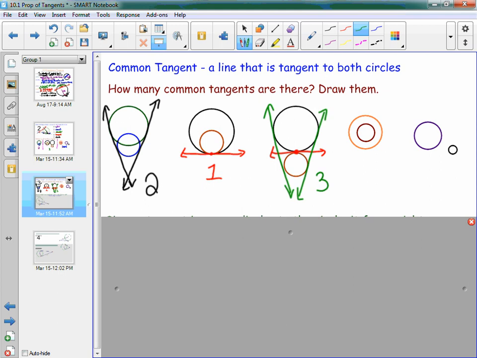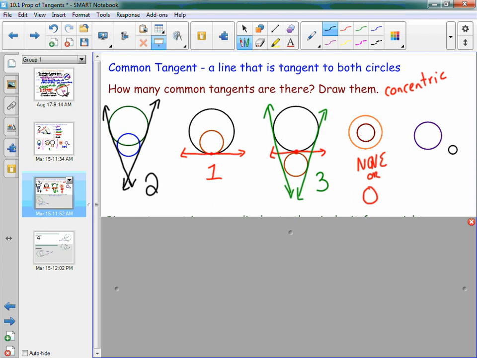If you have one circle inside the other, that is called concentric circles, one inside the other. And they have no common tangents because there's no line that is tangent to both circles.